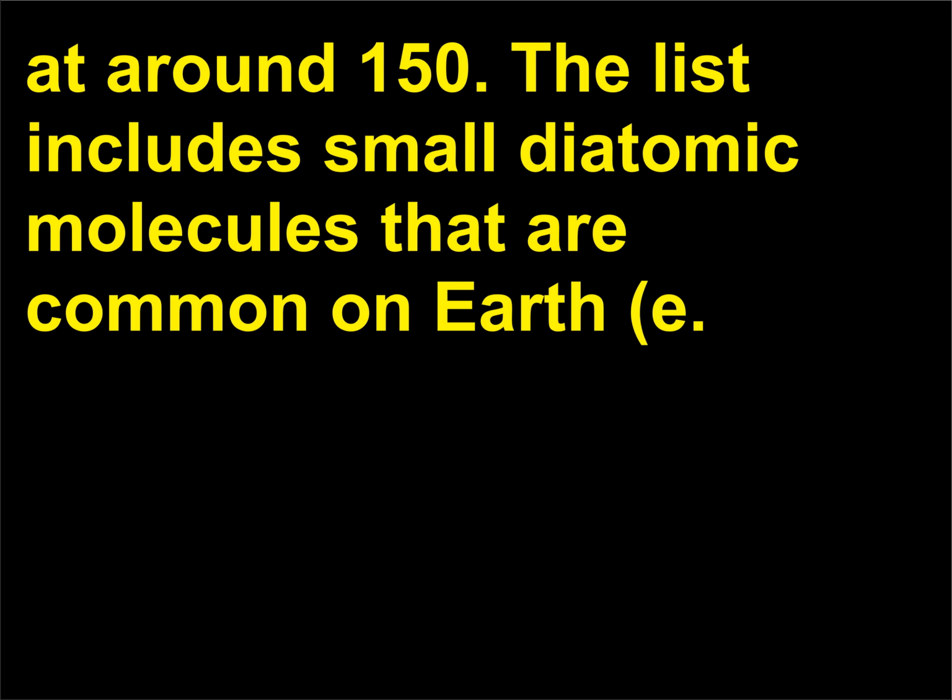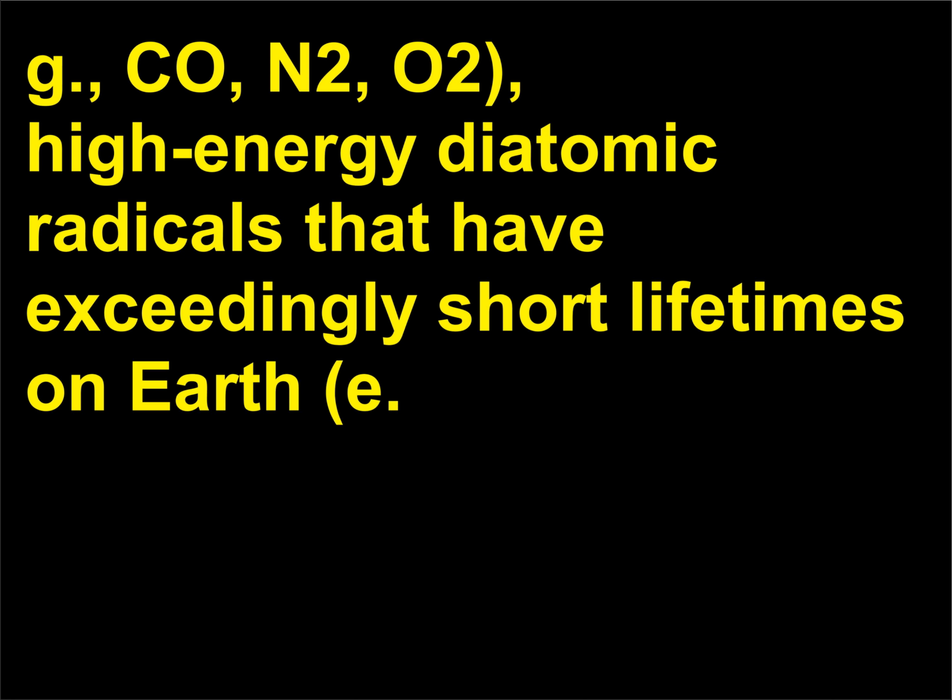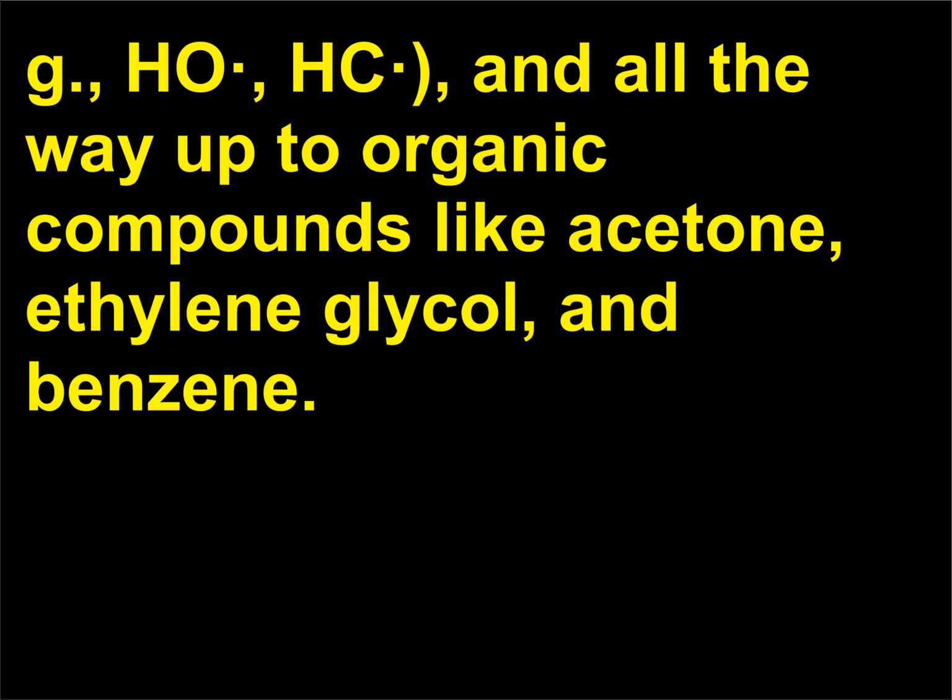The list includes small diatomic molecules that are common on Earth, e.g., CO, N2, O2, high-energy diatomic radicals that have exceedingly short lifetimes on Earth, e.g., OH, CH, and all the way up to organic compounds like acetone, ethylene glycol, and benzene.